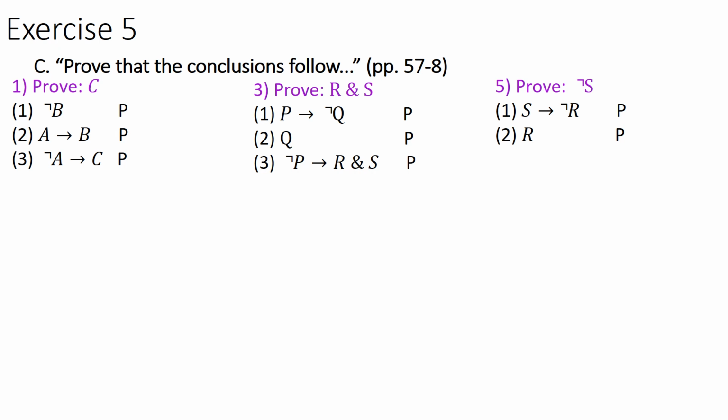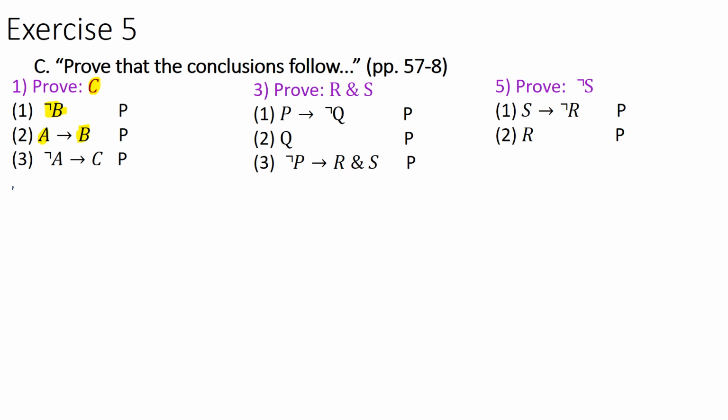Number 1, we want to prove C given 3 premises. We have the premise not B, we have the premise if A then B, we have the premise if not A then C. We are told that it is categorically the case that not B. And so, because we do know that, we can look at sentence 2 and we see the consequent in a conditional, which is B. So we're denying that consequent, and so we can deny the antecedent through modus tollens.